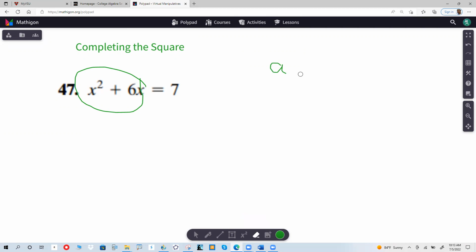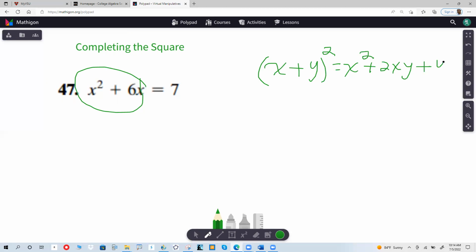Another thing to remember, and this is very important, something we have seen: (X plus Y) squared is equal to X squared plus 2XY plus Y squared. And we had another similar problem, and you can just FOIL the left-hand side and you're going to get the right-hand side.